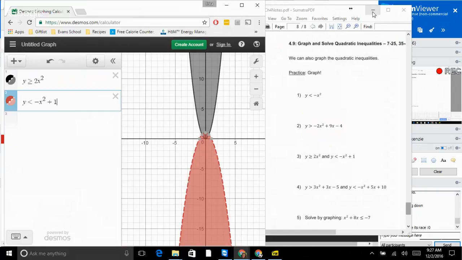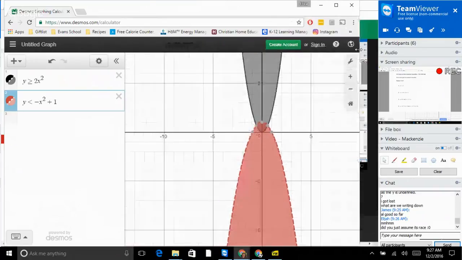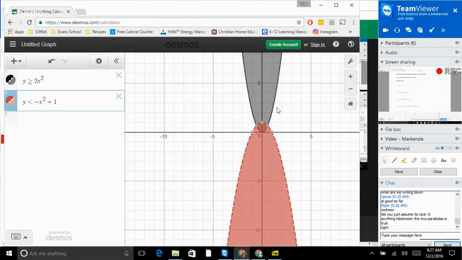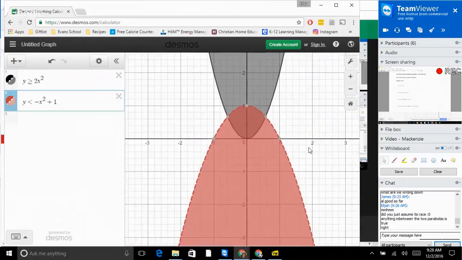What we're trying to do is to find where both parabolas are true. Okay, so it's where both parabolas intersect.